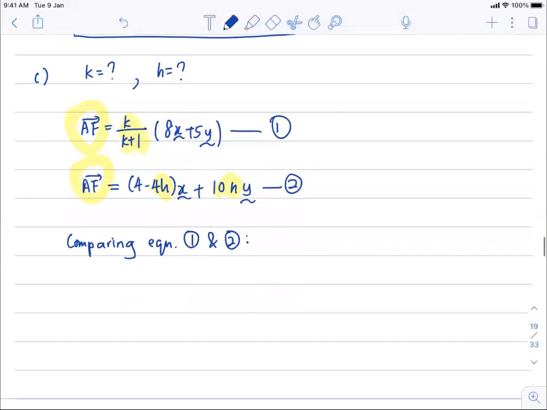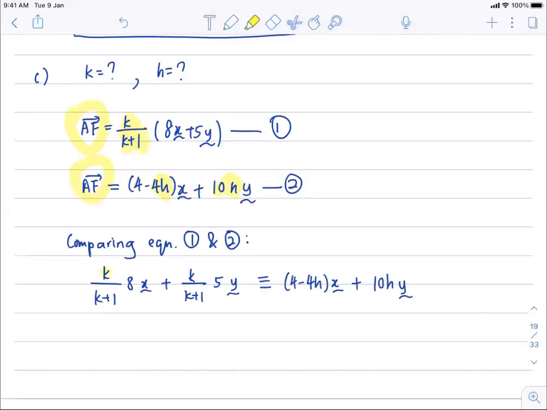We get k over k plus 1, 8x plus k over k plus 1, 5y. Compare with 4 minus 4h x plus 10h y.